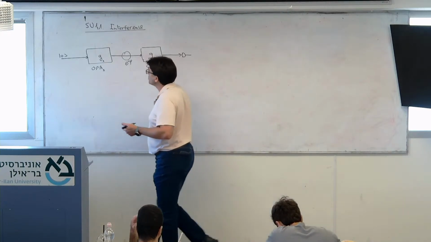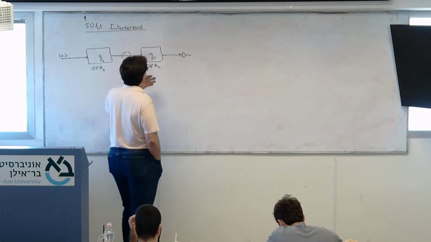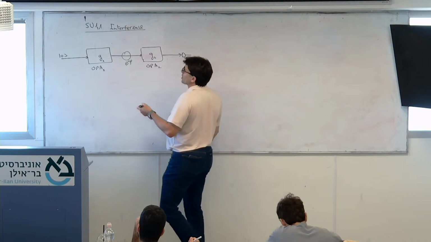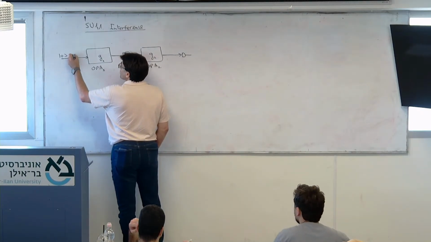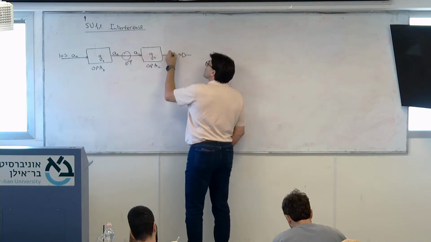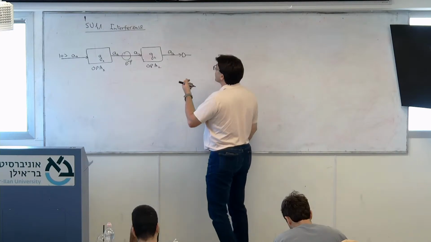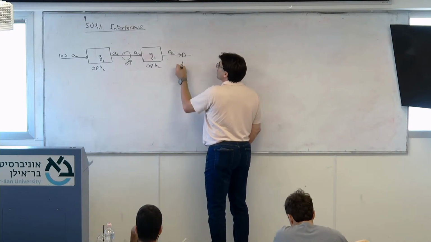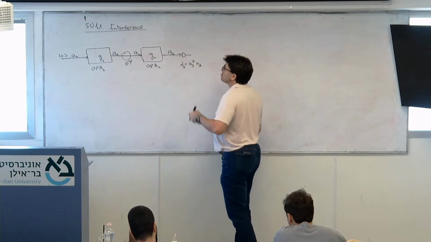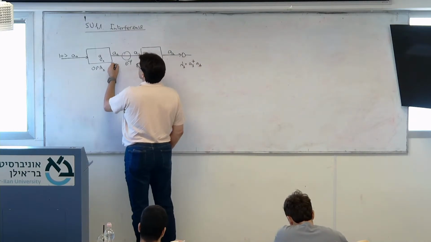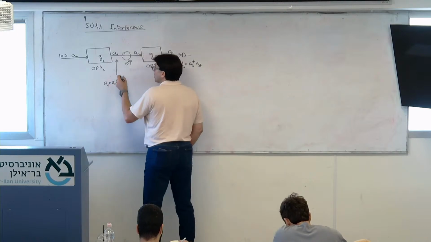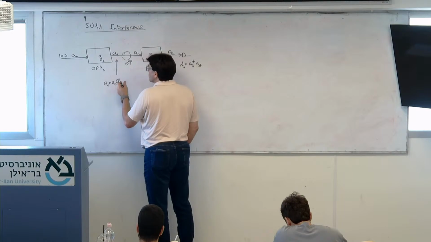So now, let's see. Mathematically, I can say here I have A0, here A1, here A2, and here A3. Eventually what I measure is N3, which is A3 dagger A3. Then A1 equals A0 hyperbolic cosine G plus A0 dagger hyperbolic sine G. Let's assume that the gains are equal.